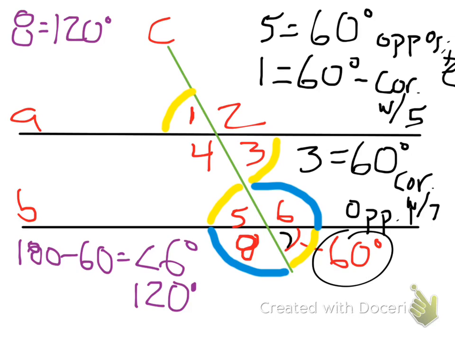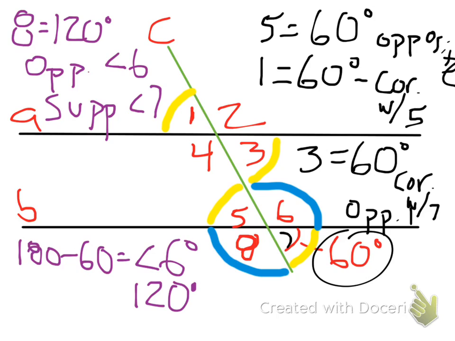I could say that it's because it is opposite of angle 6, which we just did. I could also say that it's because it is supplementary with angle 7, which we also just did. Either of those two things would be correct.